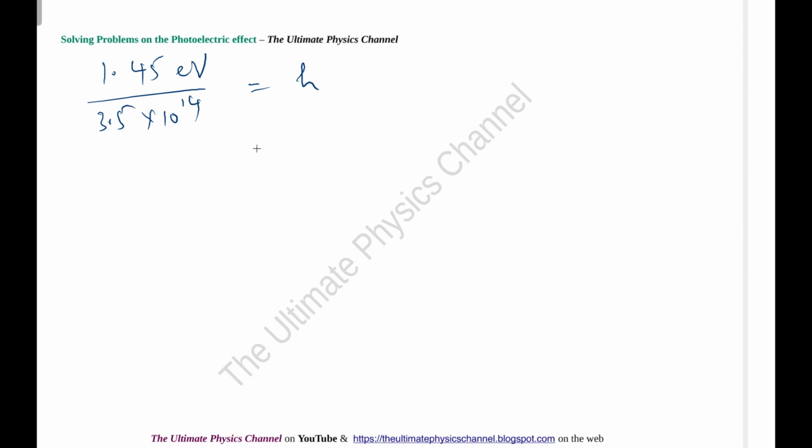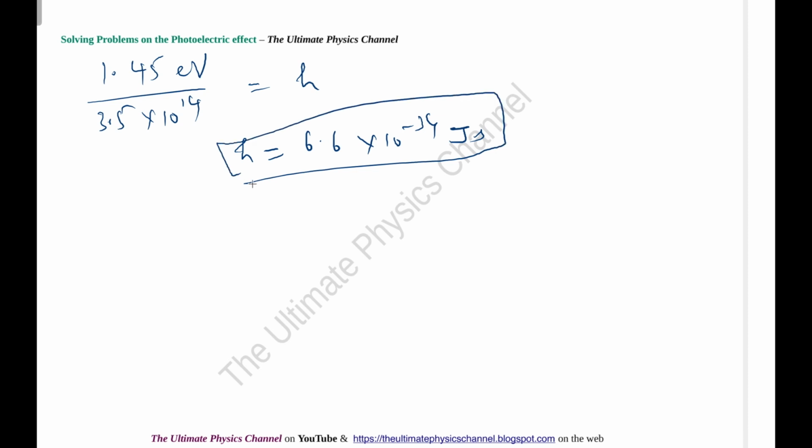So you would calculate h to be a reasonably accurate value of about 6.6 into 10 power minus 34 joule second. This is the value you would get if you work out these numbers.